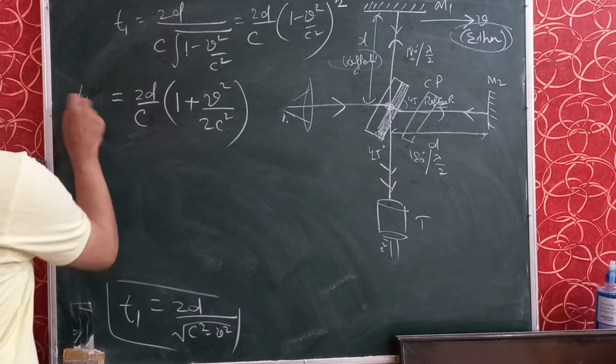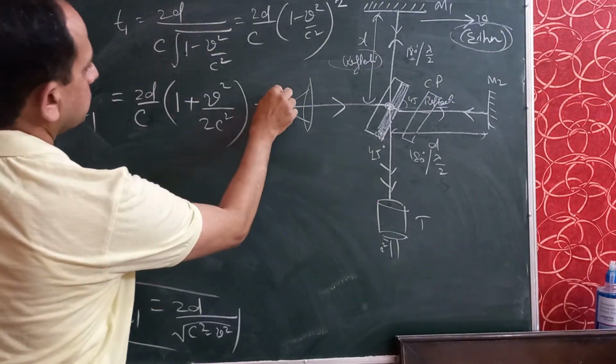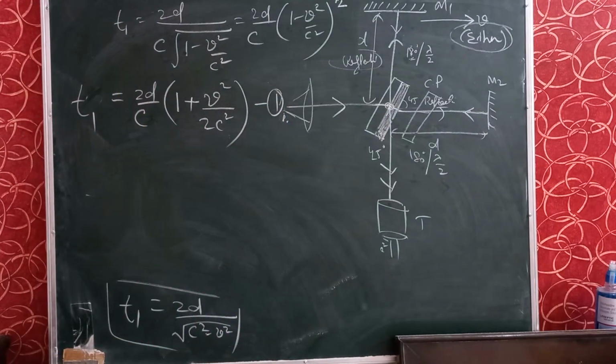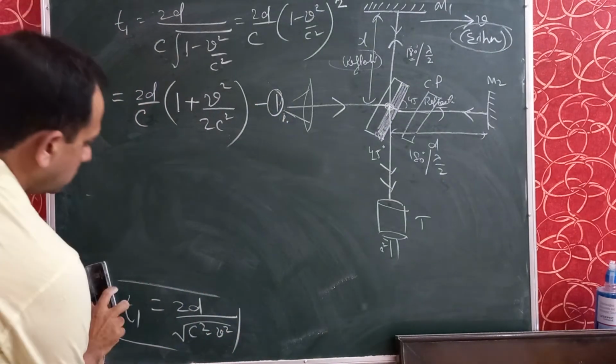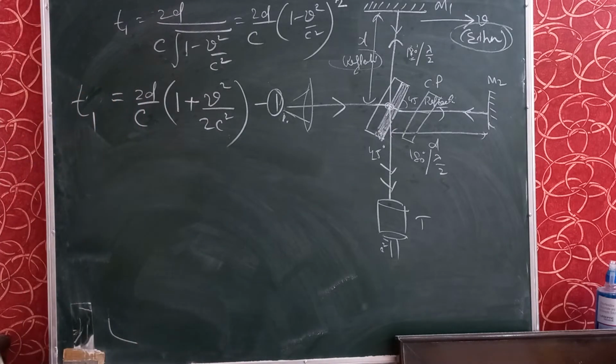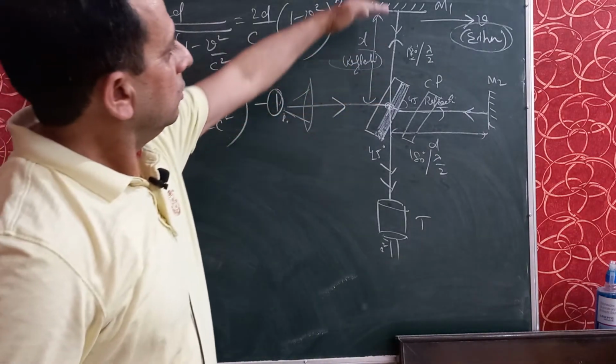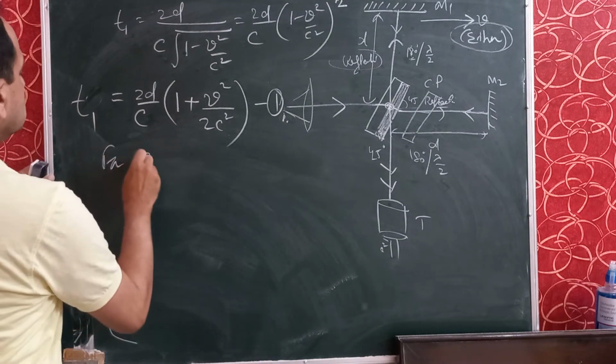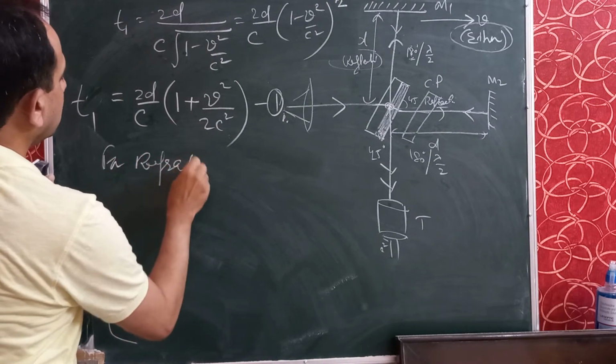So this is basically the time taken. This is equation number 1, the time taken for reflected light.